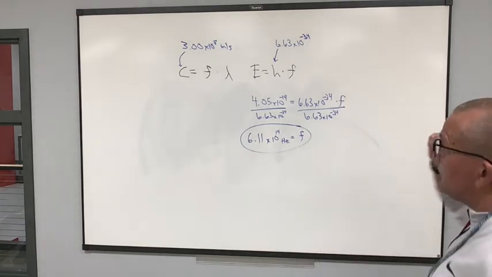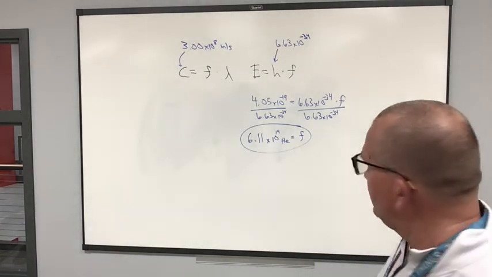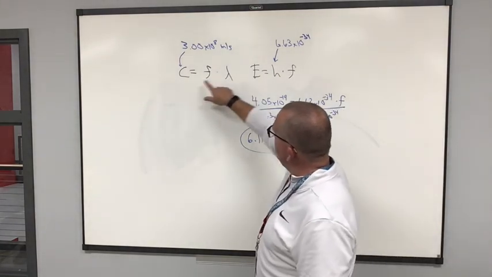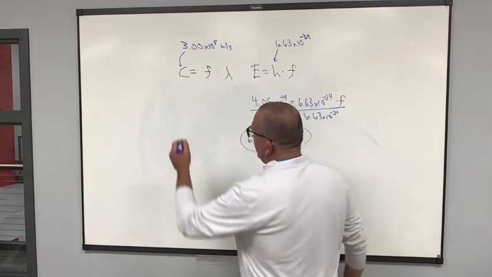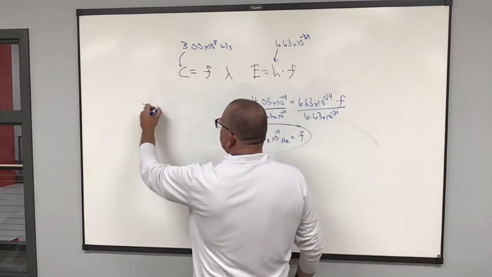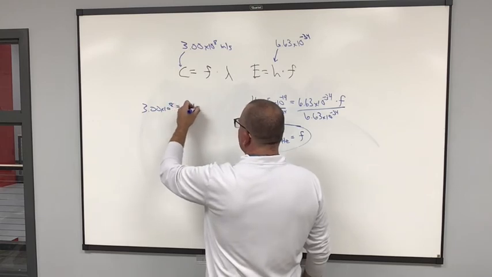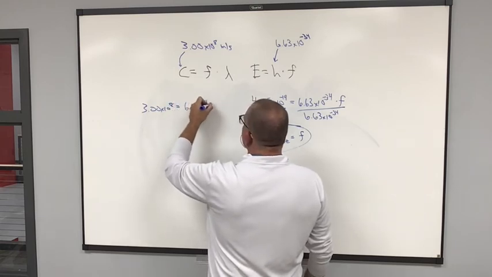So now I know frequency, and I want to find wavelength. I take my frequency answer and put it in here, knowing that C is the speed of light. So I know 3.00 times 10 to the 8th is equal to my frequency times wavelength.